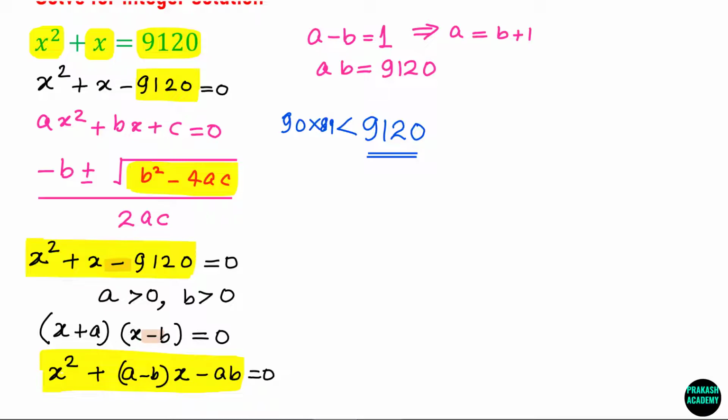Just I am taking a rough value for this. This is because in case of 89, even if I write 90, this number is less than 8100. So I am giving a rough hint to solve this problem.